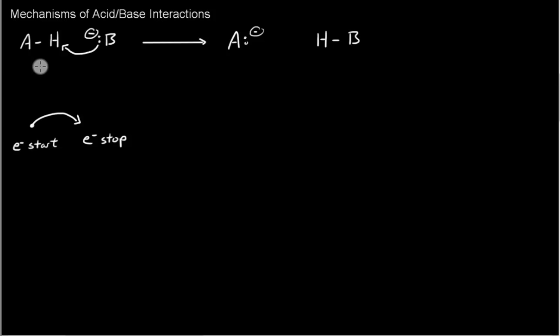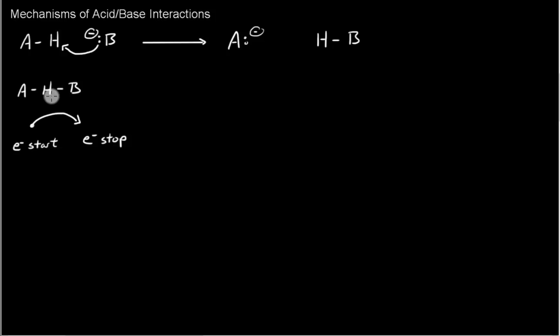If we just did this, we would have some kind of weird configuration where you have an A connected to an H connected to your base. This would be very bad for a couple of reasons. The first of which is, if you think back to our octet and duet rules, the hydrogen can never exceed the duet rule, or it can never have more than 2 electrons surrounding it at a time.